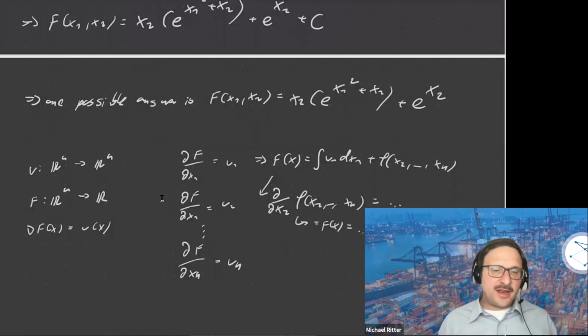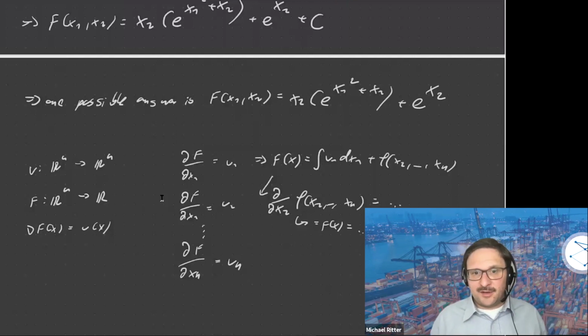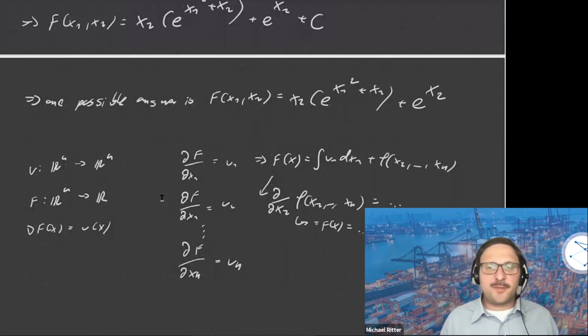A Jacobian for higher dimensions would be a matrix, not just a vector. But of course, you could do something like that. You could talk about something like matrix fields or tensor fields in even more general dimensions instead of vector fields.